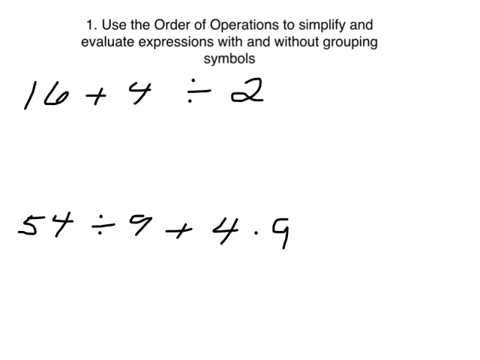It tells us to use the order of operations to simplify and evaluate expressions with and without grouping symbols. So the order of operations we know as this: parentheses, exponents, multiply, divide, add, or subtract. So that's PEMDAS. We think of it as that.